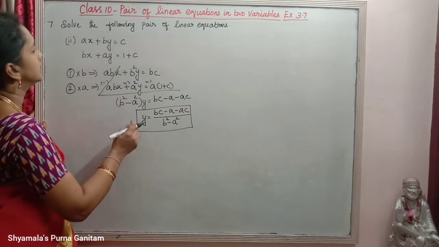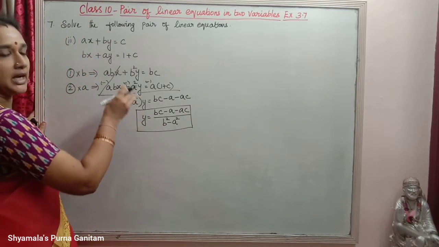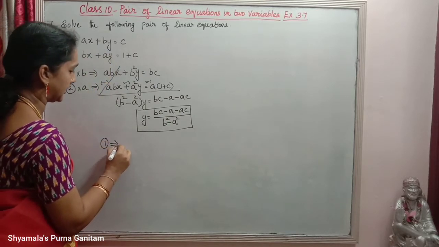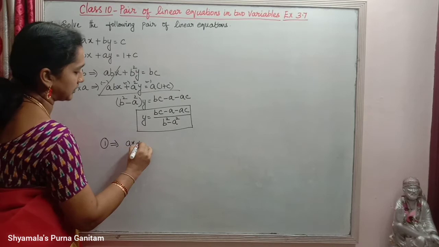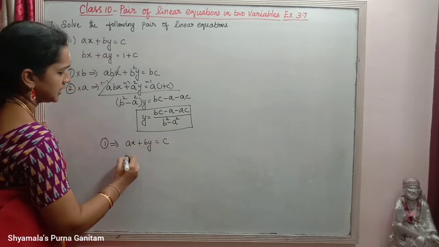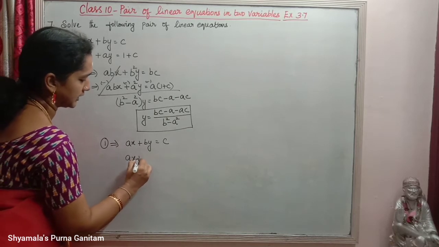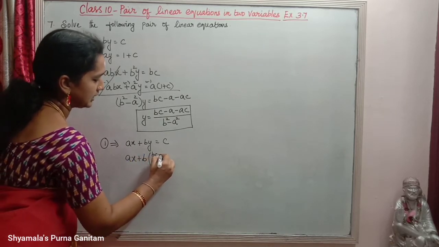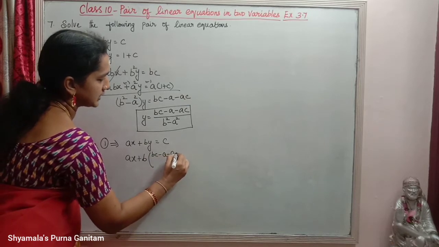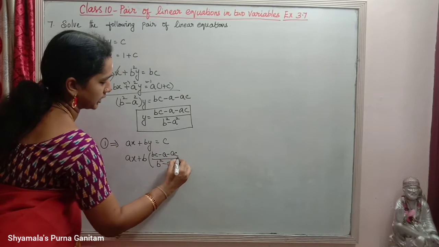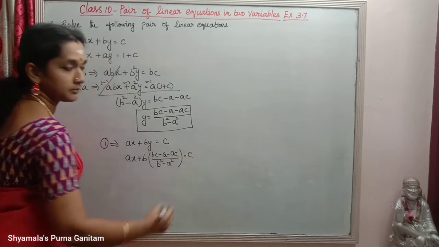Then this y value I will substitute in any one of the equations. So first equation if I take, that is ax plus by is equal to c. So a into x plus b into y value, which is bc minus a minus ac by b squared minus a squared, is equal to c.